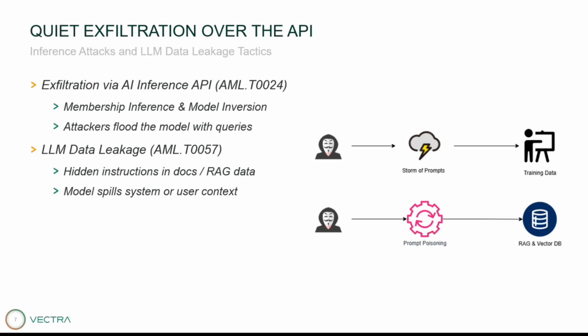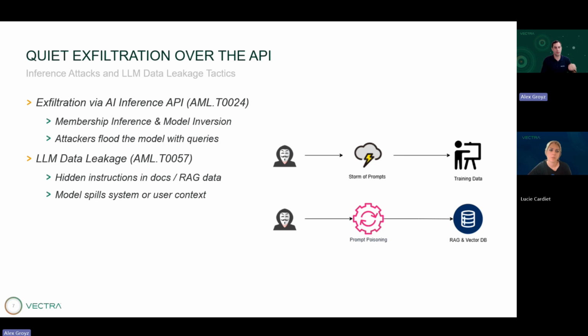They try to reconstruct the actual training data by asking a lot of carefully worded questions. And that's called model inversion. This activity is difficult to detect because it all looks like normal activity in the logs, just API calls. So there's no malware, no file movement, just prompt traffic.